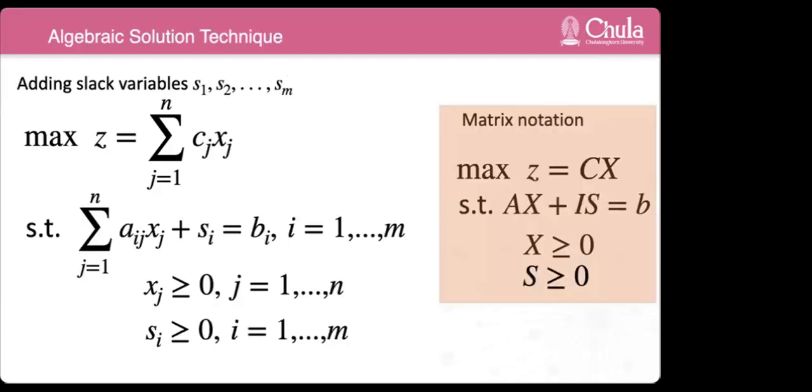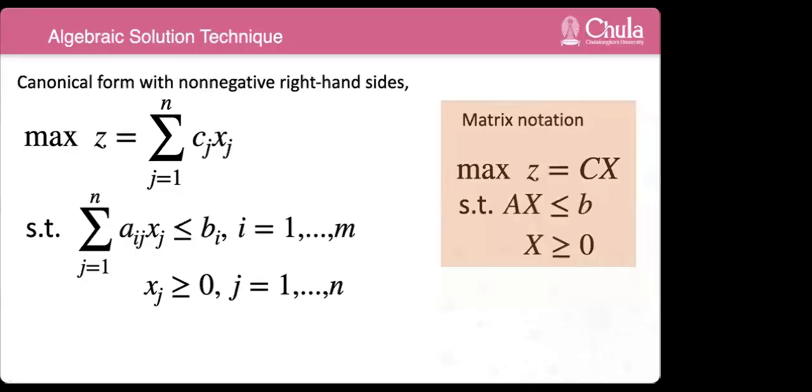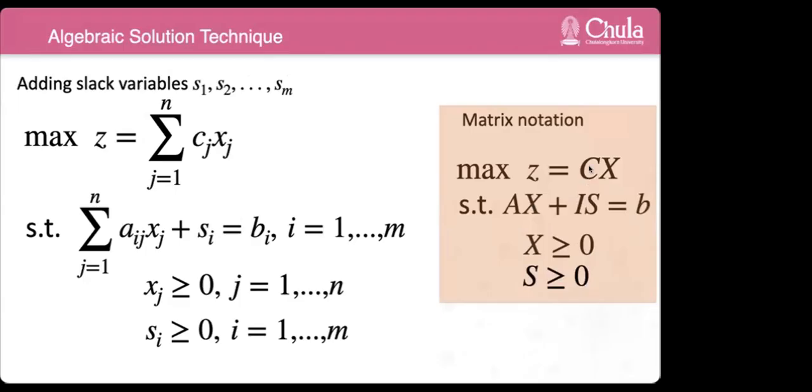From canonical form, you change everything to canonical form first. If you have an unrestricted variable, you change it to non-negative variables and less than or equal. Then for each inequality constraint, you add a slack variable to that inequality.